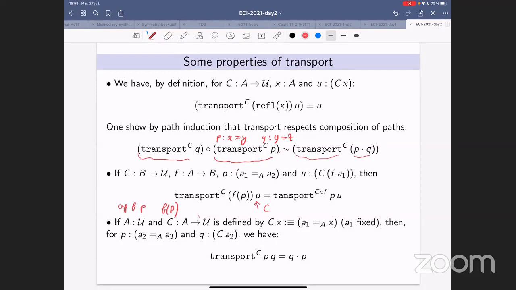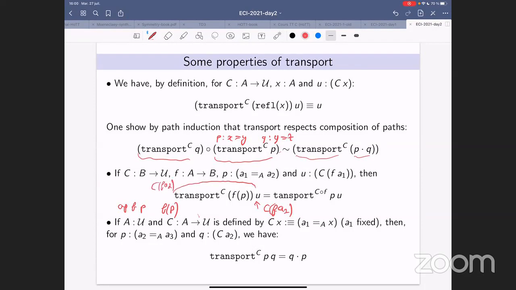It's a good question. C of f of A1. And f of p is an equality, and this whole thing here lives in C of f A2.